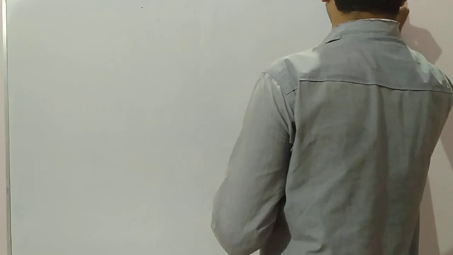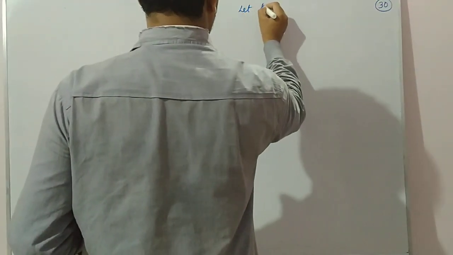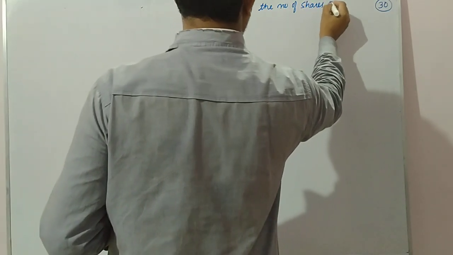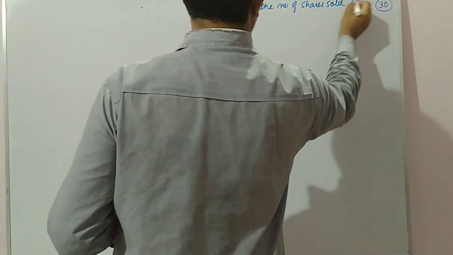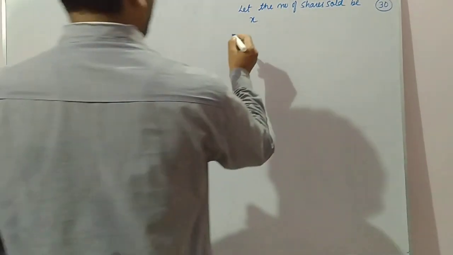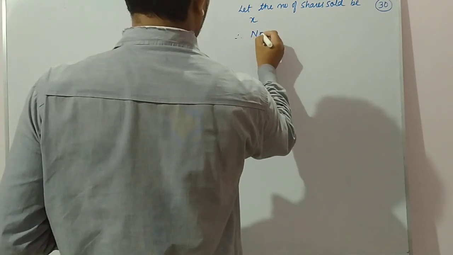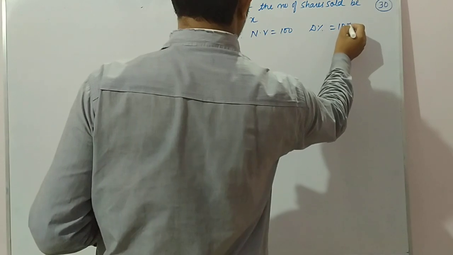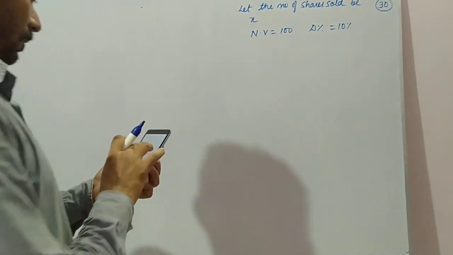So it is not said how many shares the person has sold, but he has increased his income by 2000. And for that, first of all, we should know the initial income. So let the number of shares sold be X. Therefore, nominal value is given to be 100.